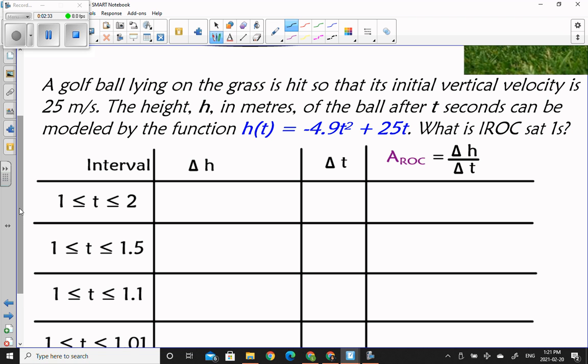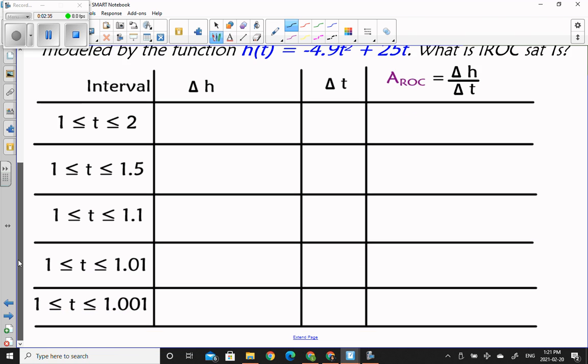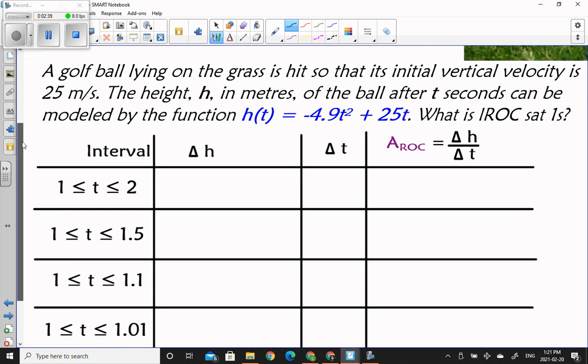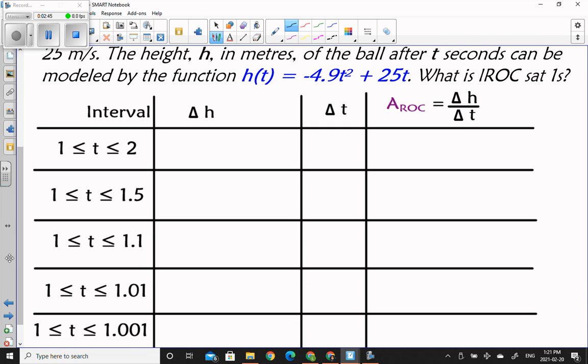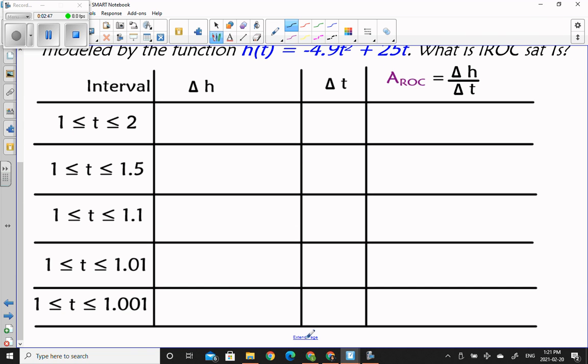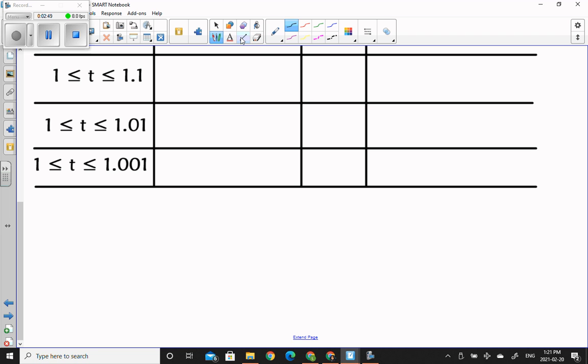So what we need to do is find the instantaneous rate of change at 1 second. We have this function. I'm going to draw a rough sketch to explain what's going on. Let's say this is our graph, the path of this golf ball.